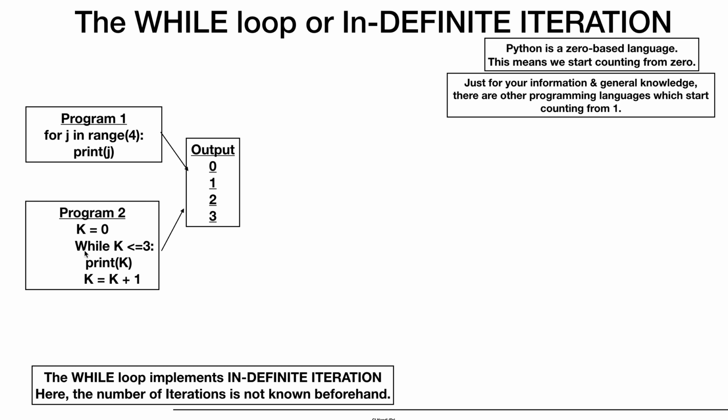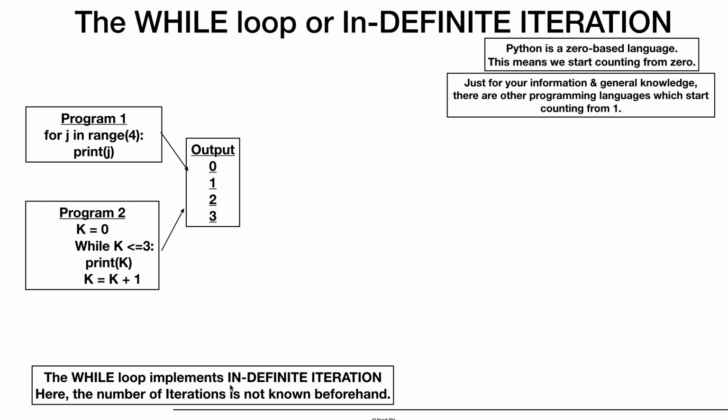every time you try and go around the loop, you evaluate a condition, and if it's true, in this case k is less than or equal to 3, then you go around the loop. But if it's false, then you exit out of the while loop. So the while loop implements indefinite iteration, and the number of iterations is not known beforehand.